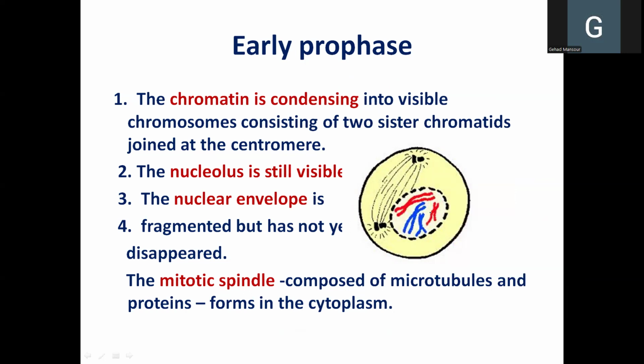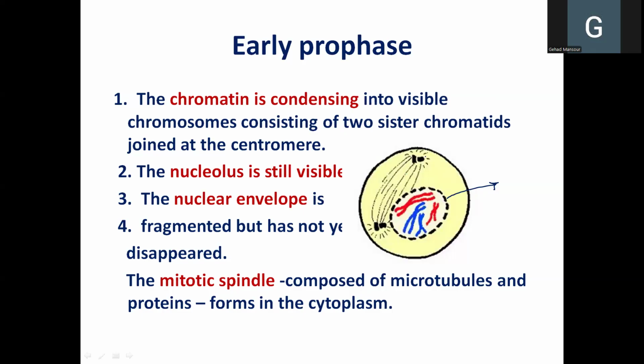Actually, we don't see the nucleolus here, meaning that this diagram might be a bit later than early prophase, but the nuclear envelope becomes fragmented, meaning that it starts degeneration, and it's the phase before complete disappearance of the nuclear membrane.